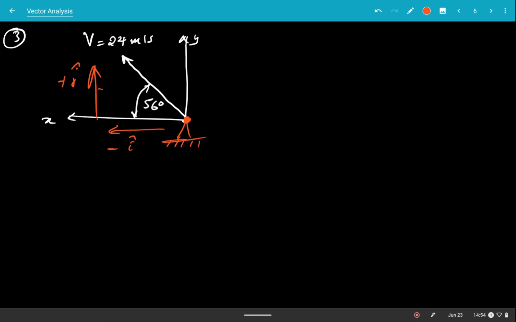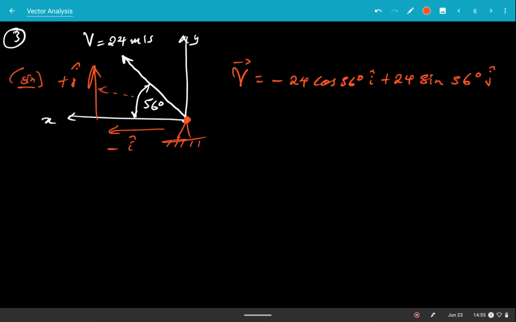In the j direction, that's why you have your sine, because that's where theta is pointing. So for vector v, I'll move in the negative i direction, so it will be negative 24. In the i direction, I don't really have the angle pointing there, so I have my cos 56 degrees in the i hat. Then I say plus 24 because it's positive in the j, 24 sine 56 degrees in the j.